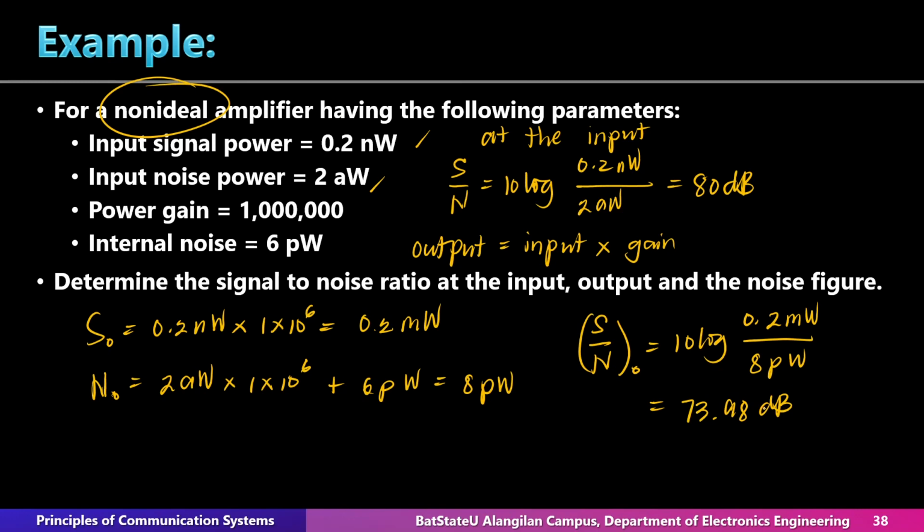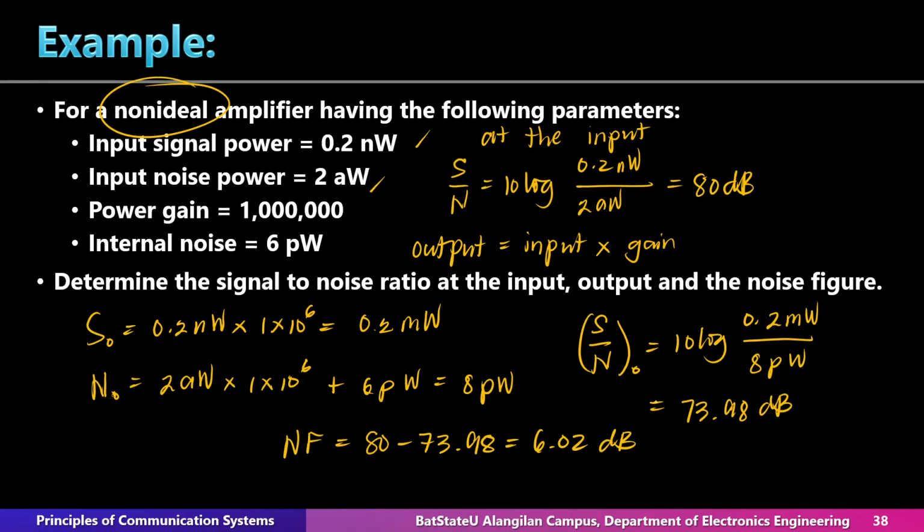Naka-dB pa sila. Now, what is the noise figure? The noise figure is just the difference of the signal-to-noise ratio at the input minus the output. So we have 80 minus 73.98, and when we subtract, that's 6.02 dB.